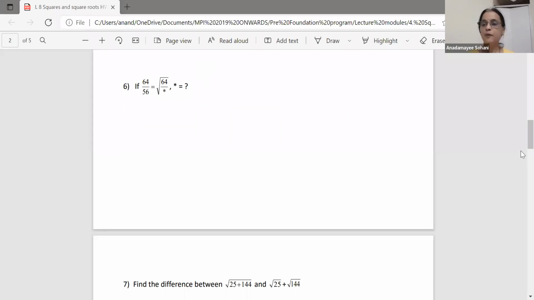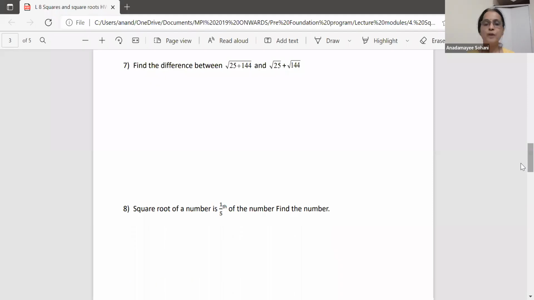Find the difference between under root of 25 plus 144. Now here is what we have learned for squares and square roots, that square of a plus square of b is not equal to square of a plus b.